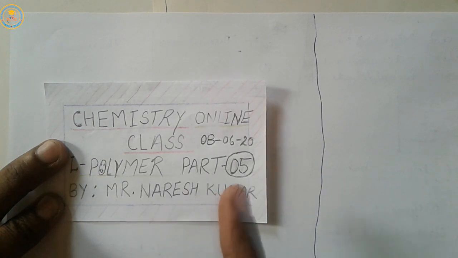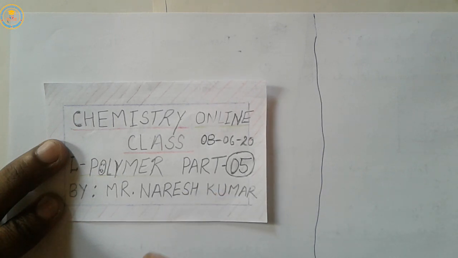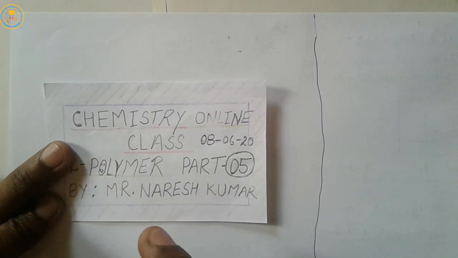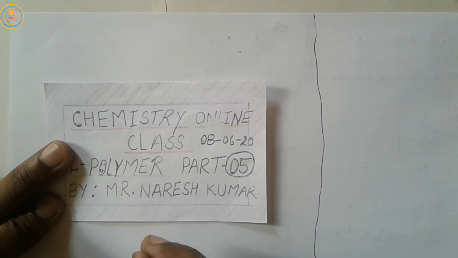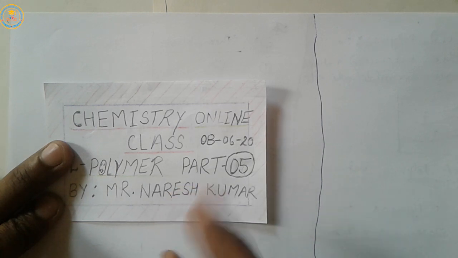Similarly, examples of fibers are nylon 6,6, terylene, rayon, wool, etc. Examples of thermoplastic polymers are polythene, PVC, polypropylene, polystyrene, etc. Similarly, examples of thermosetting polymers are bakelite, melamine formaldehyde resin, etc.